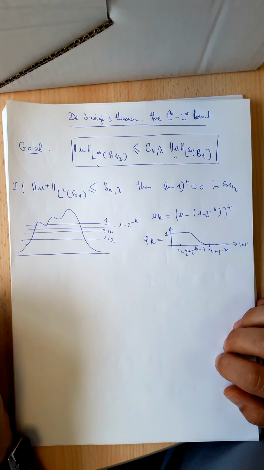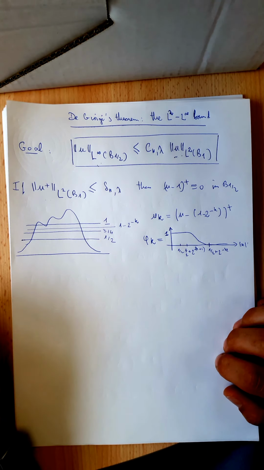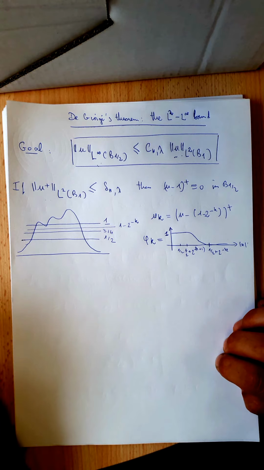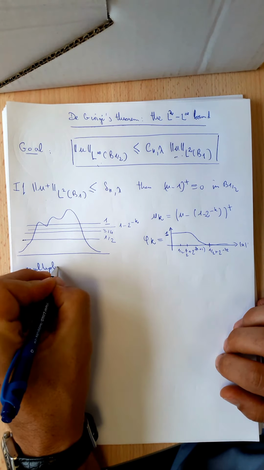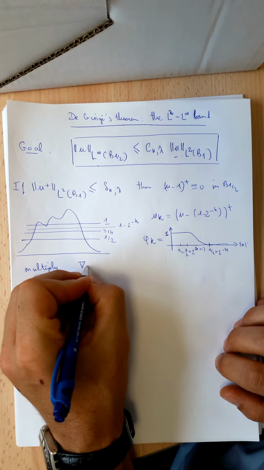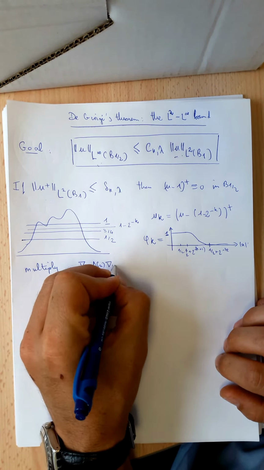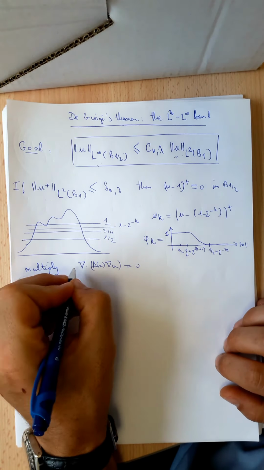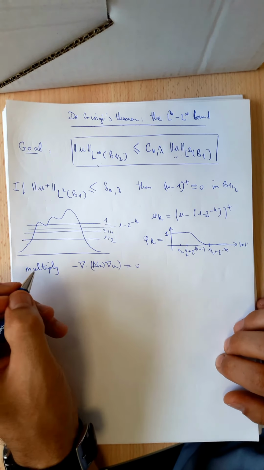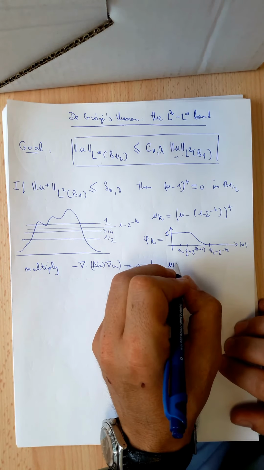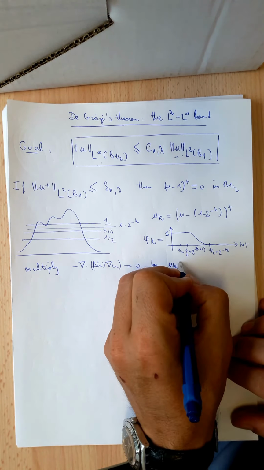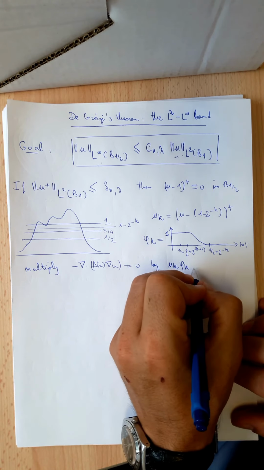Okay, and instead of using minimality, we're going to use the equation satisfied by u. And what we're going to do is simply multiply the equation, which I recall is divergence of A(x) grad u equal to 0, by this truncated function u_k times phi_k squared.